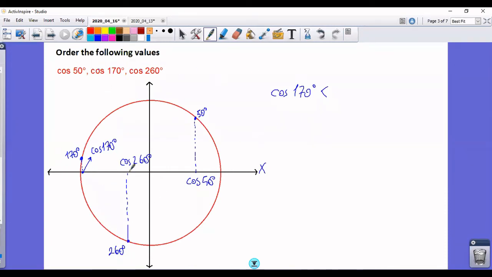And then we have cosine of 260, and then cosine of 50 degrees is the greatest value here. You can ask your questions if you have.